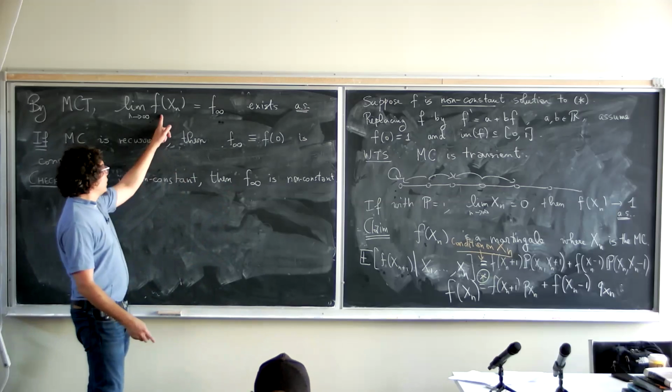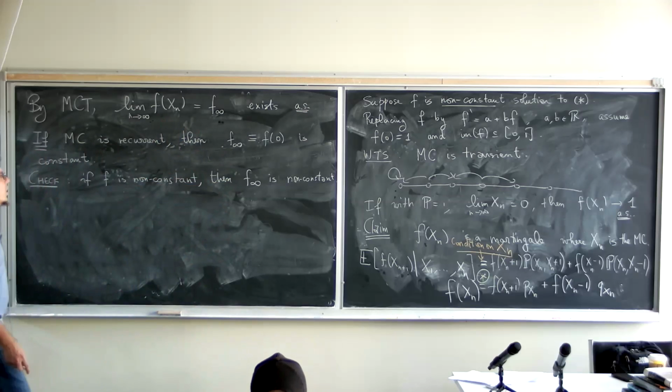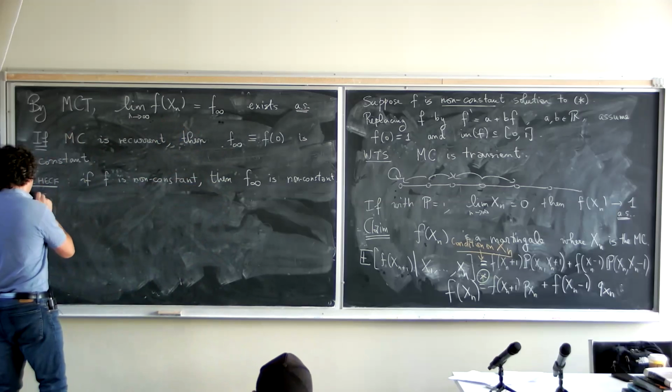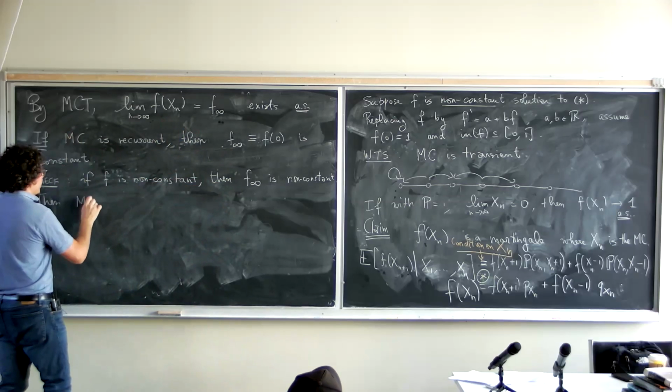But since we started with some function which is non-constant, the limit will also be non-constant, and so from this you would say that the Markov chain is transient.